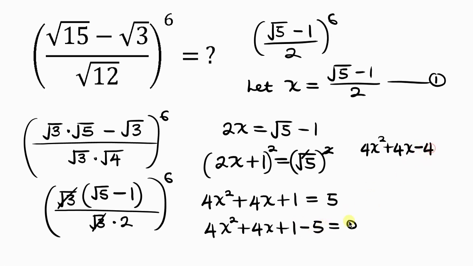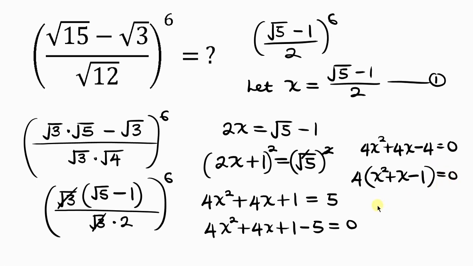That's it. And this is equal to 0. Now, notice that 4 is common. So we can factor out 4. So 4 out. Now 4x squared divided by 4, I'll have x squared, plus 4x divided by 4, I'll have x, minus 4 divided by 4, I'll have 1. And this is equal to 0.